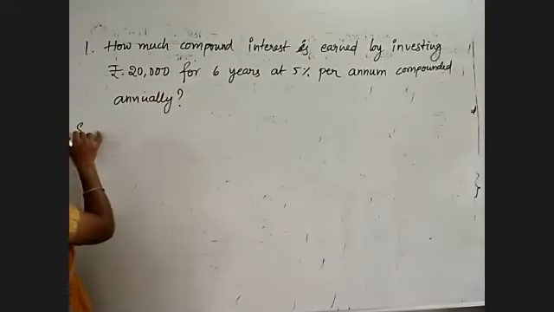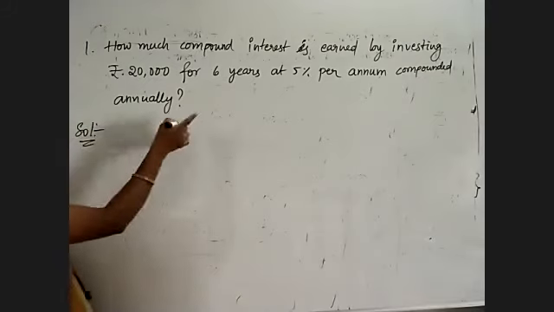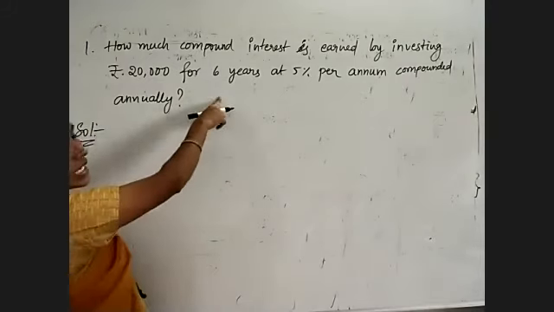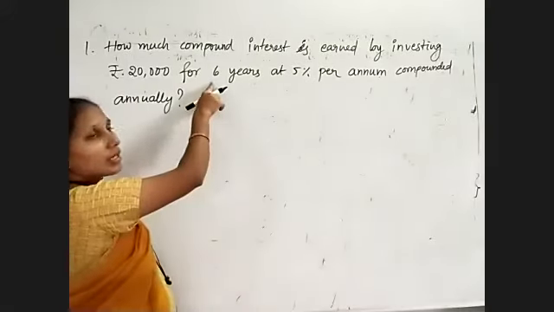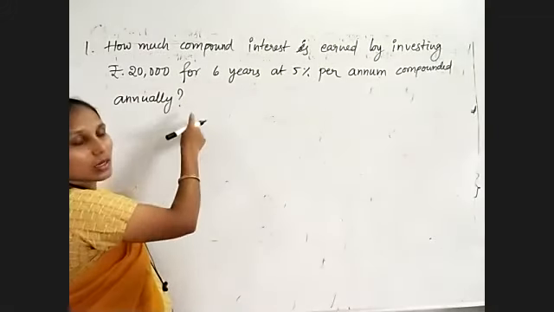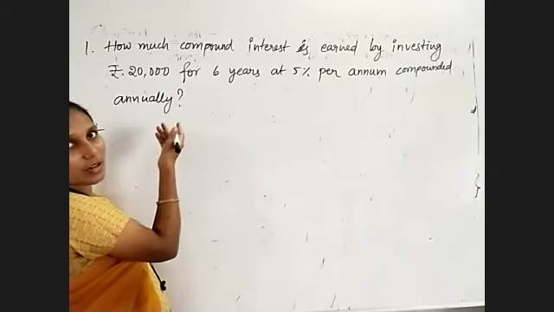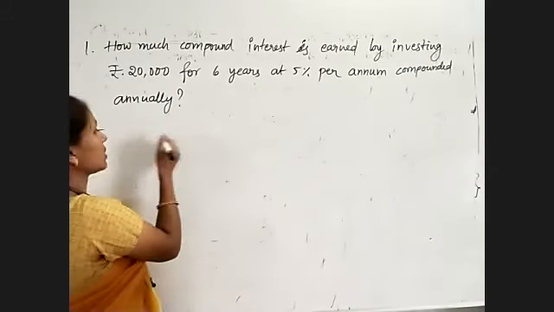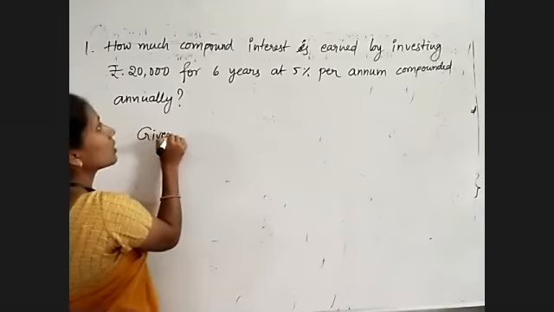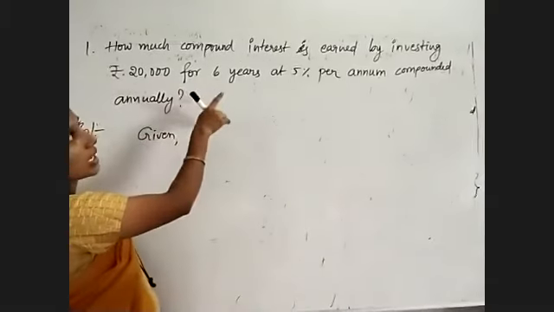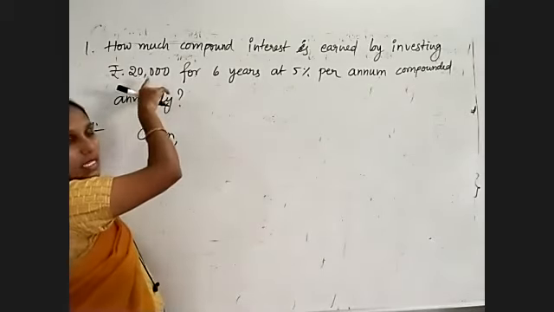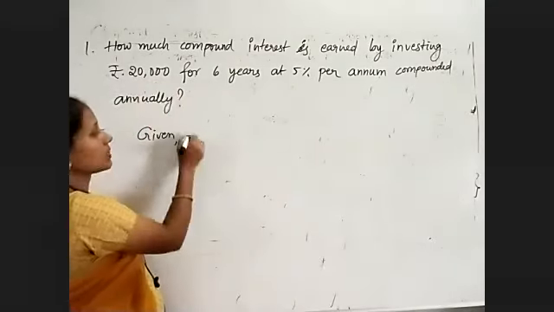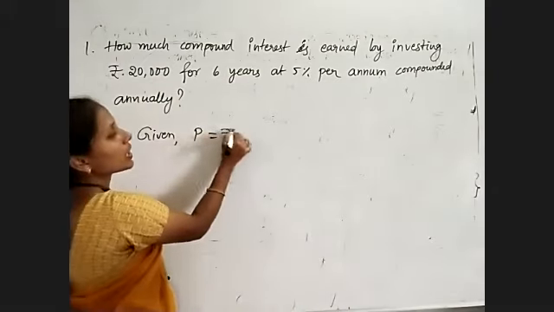Observe here, the amount is compounded annually. Annual means 1 year, so n will be equal to 6, the number of conversion periods also equal to 6. Given that the investment amount is 20,000, the principal is equal to 20,000 rupees.